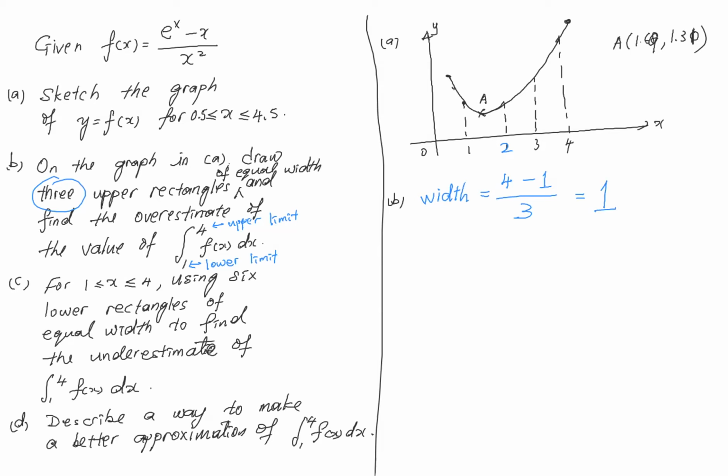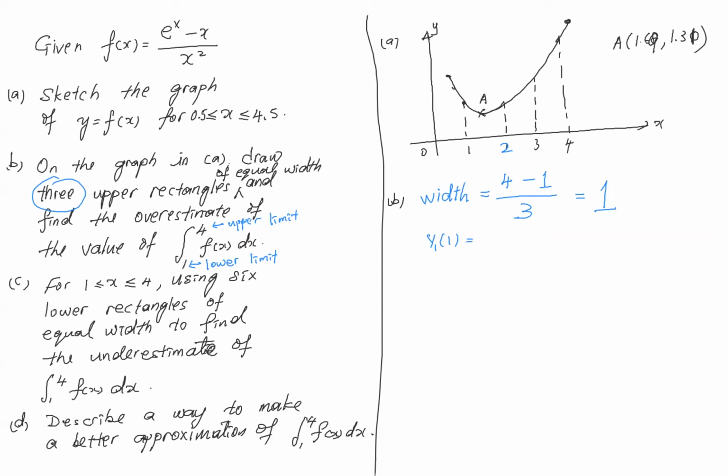So now you look. For the first one, just now I try Y11. If you look at the graph, the first upper rectangle, I should use Y11 because the height when X equals 1 is greater than X equals 2.